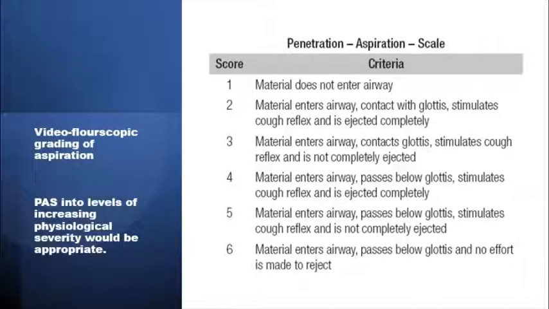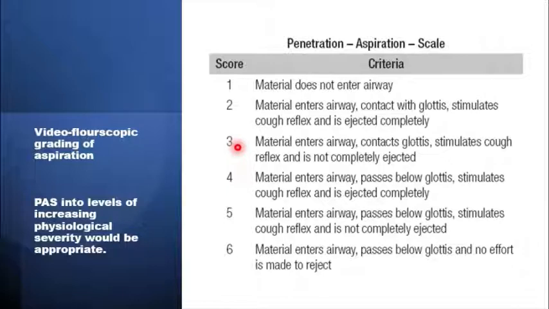One of these attempts suggested that it can be reduced into a 6-point rather than 8-point scale. Numbers 1 and 2 remain the same, like in the original penetration aspiration scale. Numbers 5 and 6 also remain the same. The changes would happen in 3 and 4.